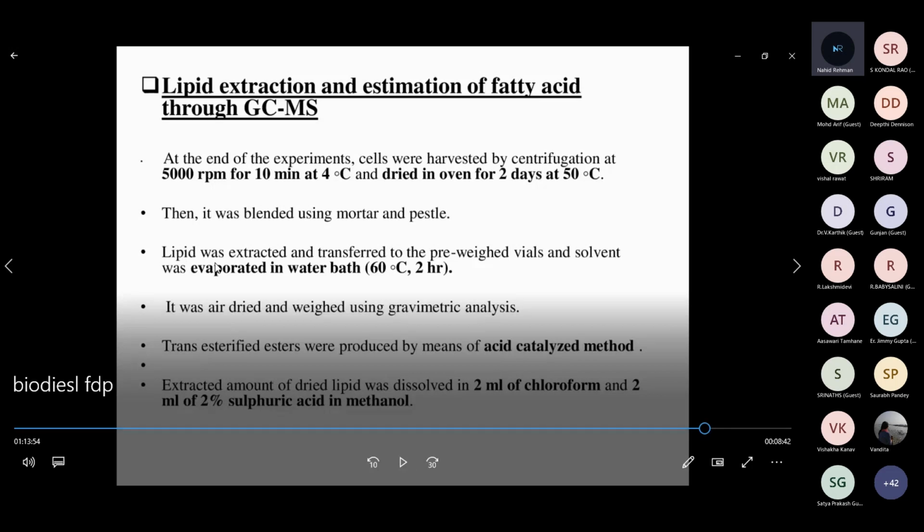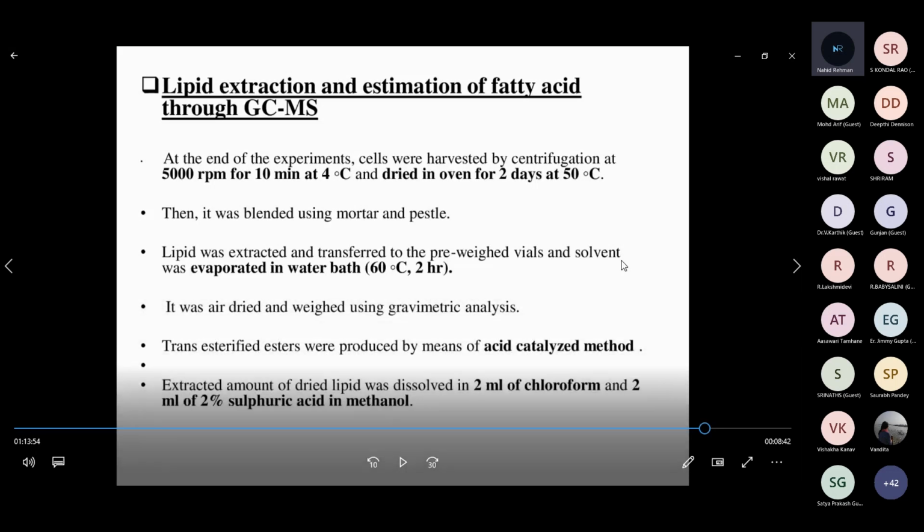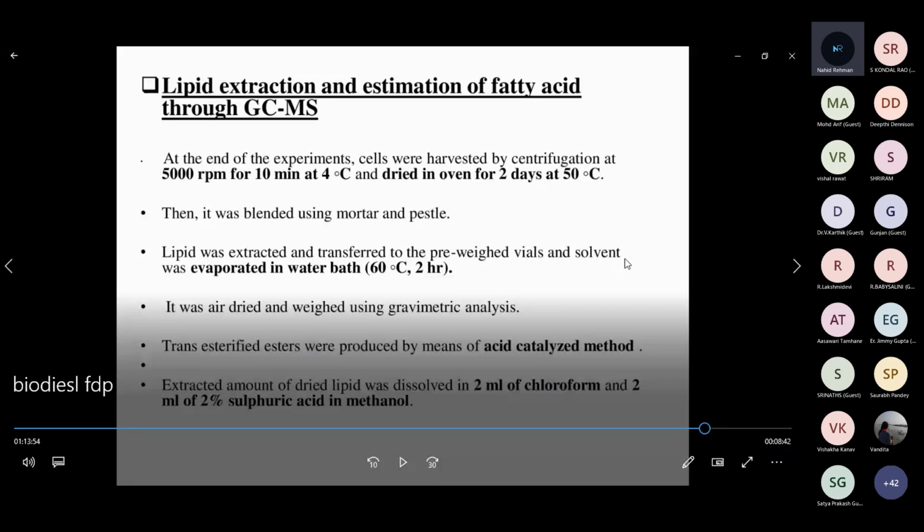Lipid was extracted and transferred to the pre-weighed vials, because later on you will have to weigh everything. So then you can subtract the pre-weighed vial's weight from it. And then the solvent was evaporated in a water bath at 60 degrees centigrade for 2 minutes. And then it is dried and weighed using gravimetric analysis.